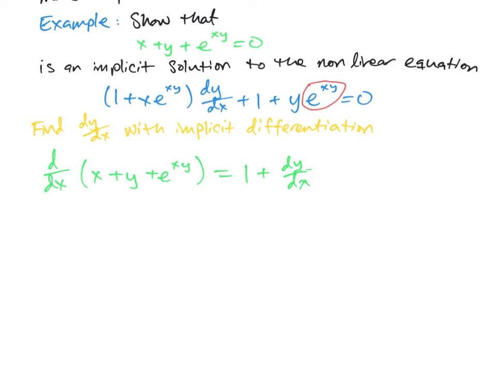So the derivative of e to the xy is e to the xy times the derivative of the inside part, the xy part. So we'll take the derivative of x, which is 1, leave it, and then multiply that by y, plus leave x alone and take the derivative of y, which is dy/dx. And then this will all equal 0 because that's the derivative of the right-hand side.